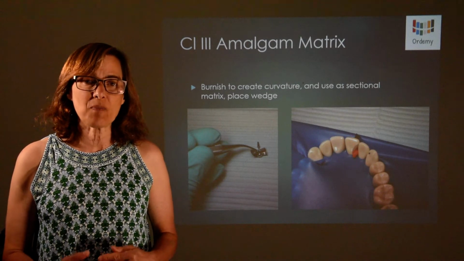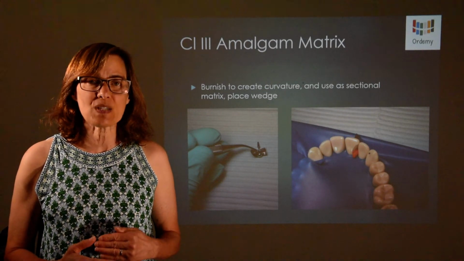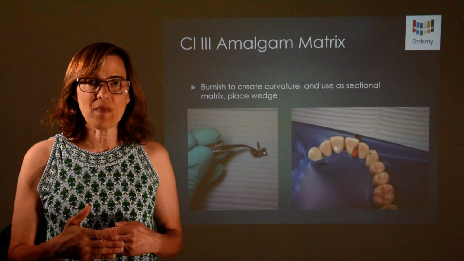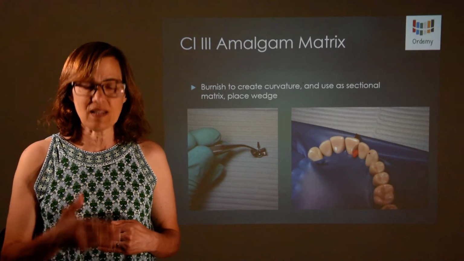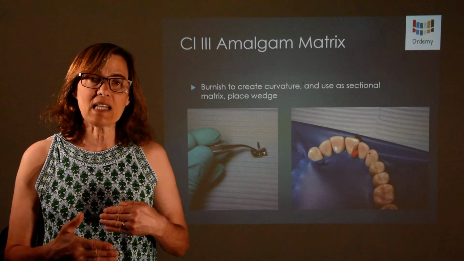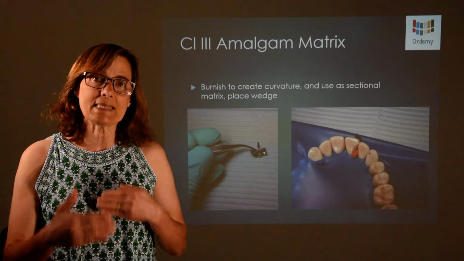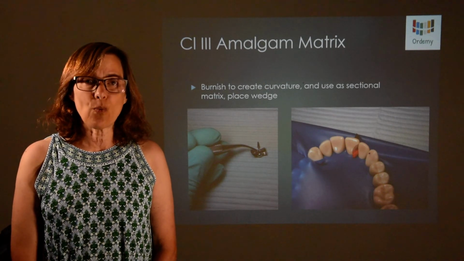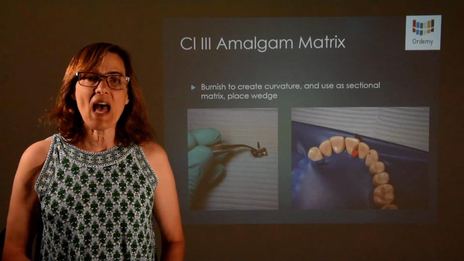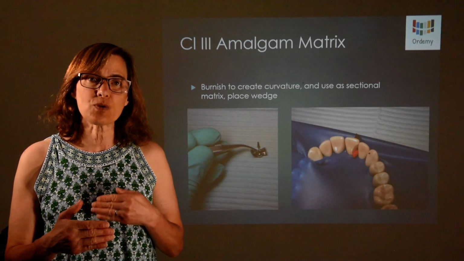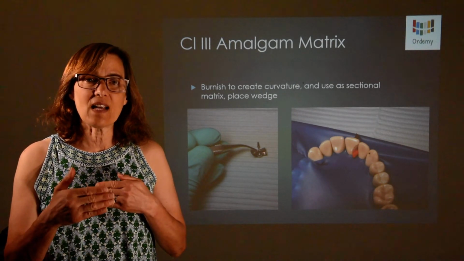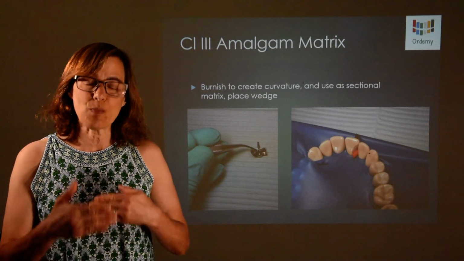The box-shaped preparation ensures that the facial or buccal line angle and the lingual are parallel at 90. The dentist will have prepared the tooth having the facial and lingual surfaces parallel.